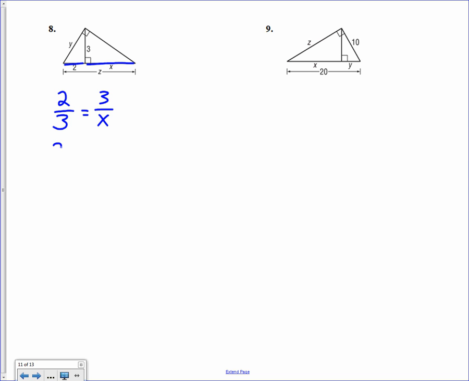So we get 2x equals 9. There's no square here, which makes it a little bit easier, though we will get a decimal of 4.5. Now you could go and solve for y next. I would actually suggest that you solve for z because it's easier.